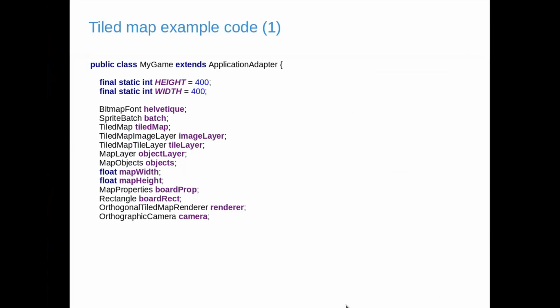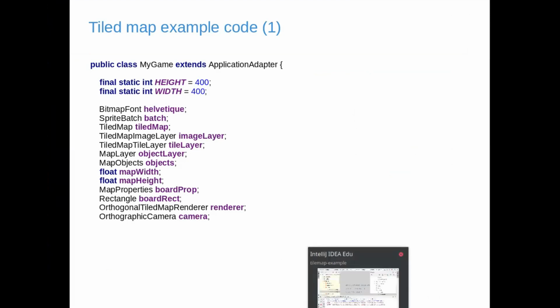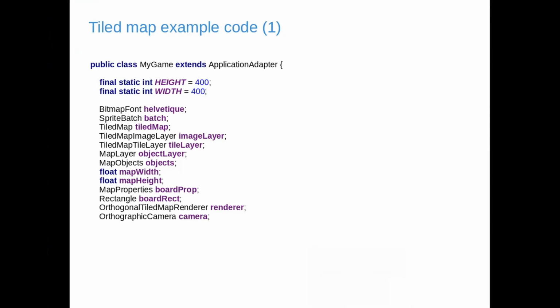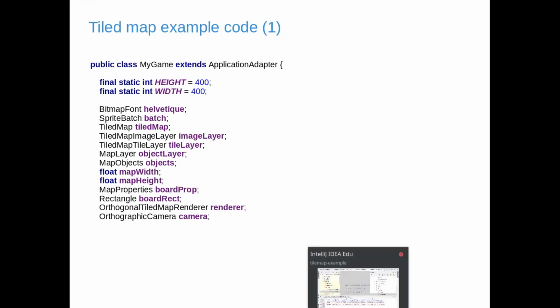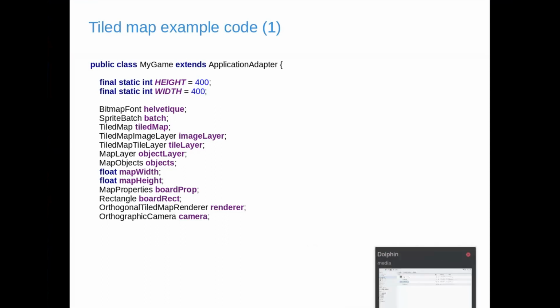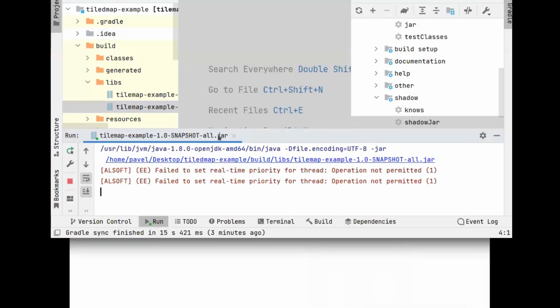So first, remember that in our game, we have two classes at a minimum. One is the launcher and one is the game. The launcher in this case is not shown here. I will show it to you in the source editor.